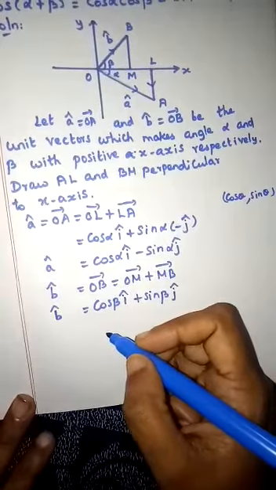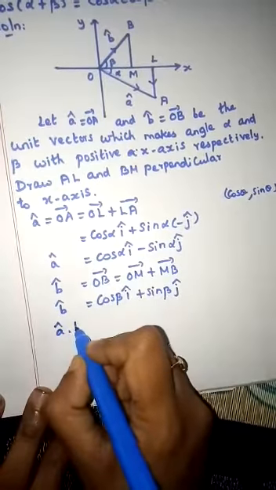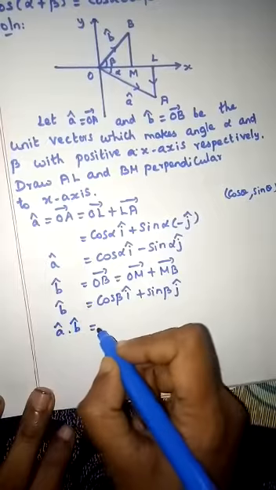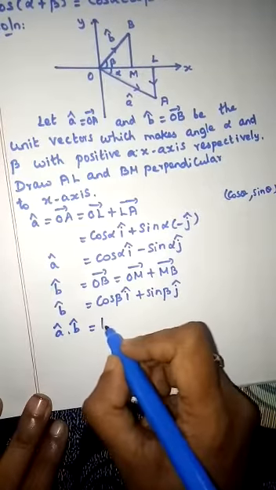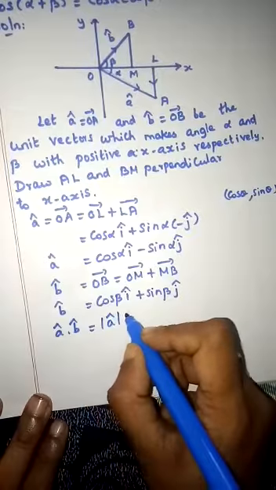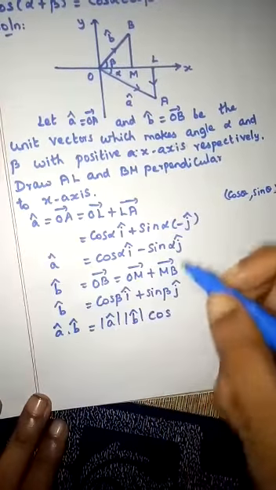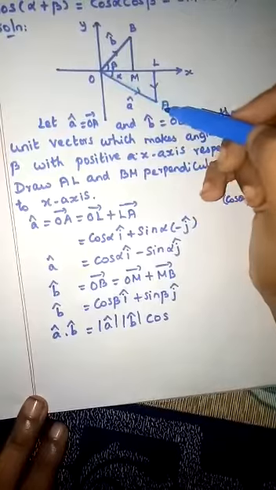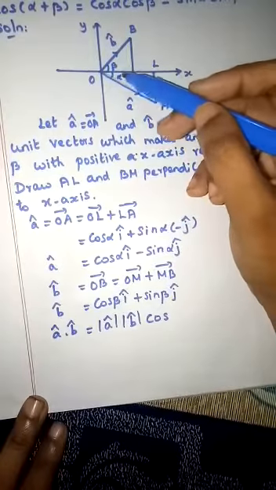So now you can find A cap dot B cap. We have two formulas. The first formula is modulus of A cap into modulus of B cap, then cos of the angle between them. The angle between A cap and B cap is what? This full angle you have to take. This is alpha, this is beta.